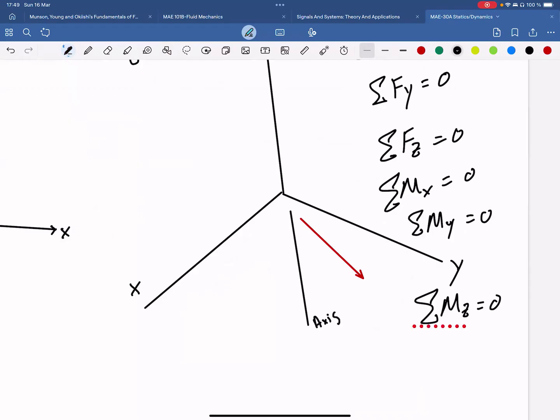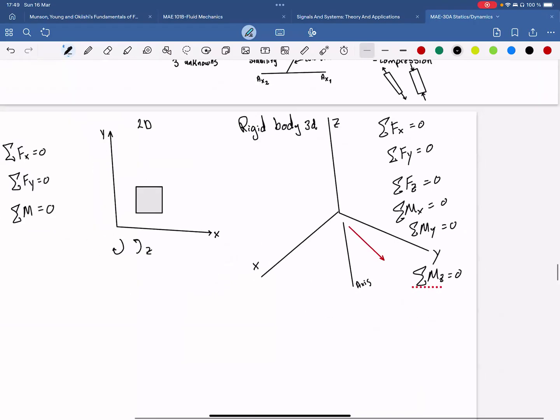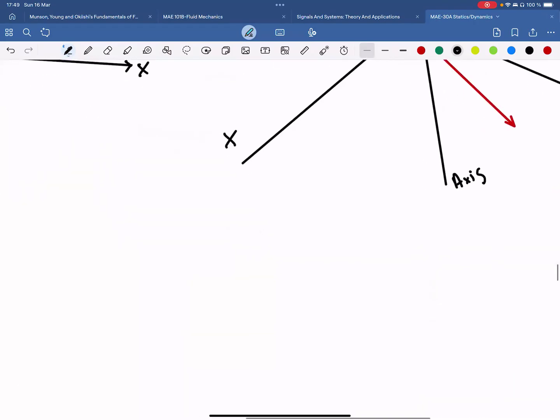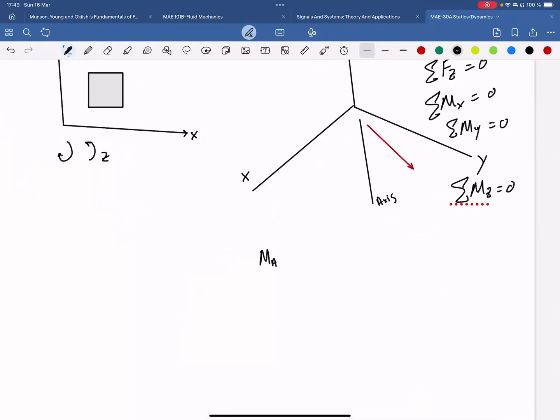In this case, the moment around that axis is proven to be the unit vector of the axis, let's call it from point A to point B, dotted with the cross product of a vector that goes from one point of the line to any point on the force's line of action. It could be this way, this way, this way. As long as it contains one point of both, the vector works.